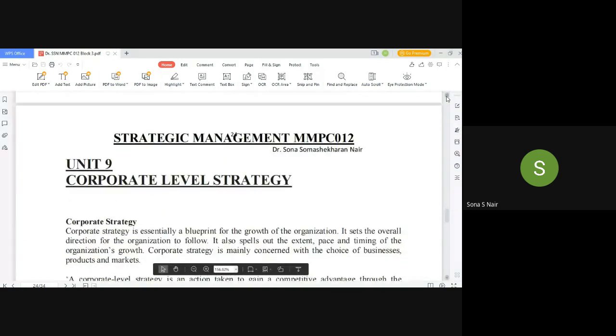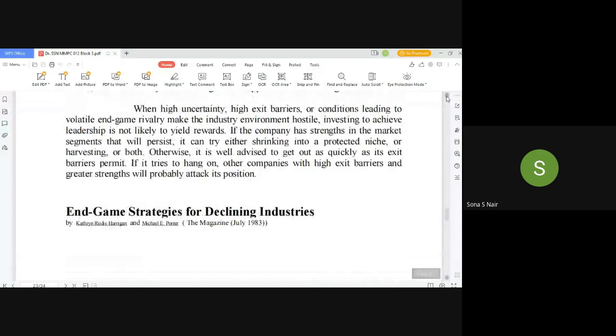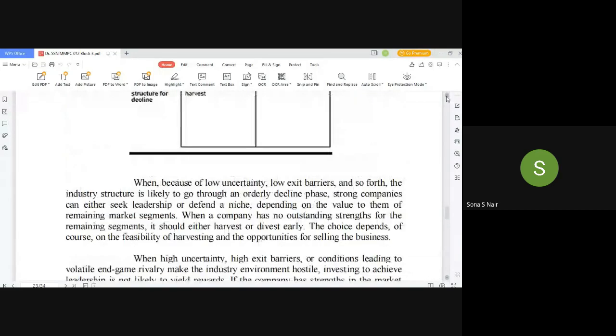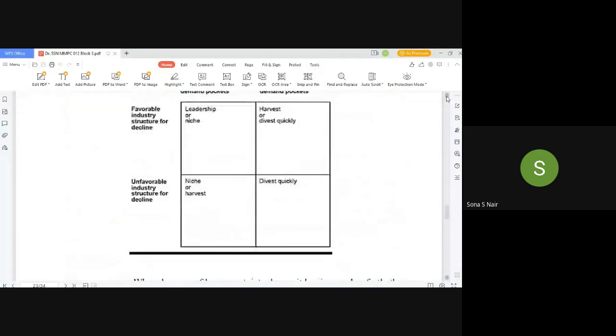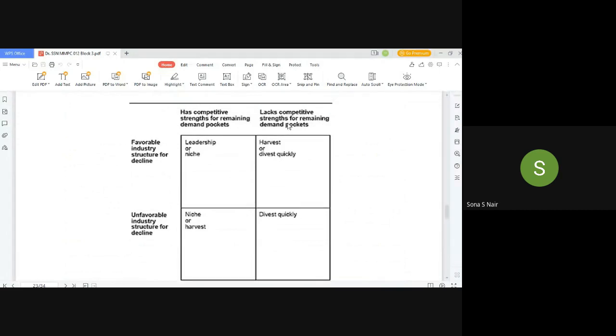So this is one matrix which would possibly help us understand how an organization will conduct itself, or what strategy the organization will choose. And we will look at the various elements of these strategies below.